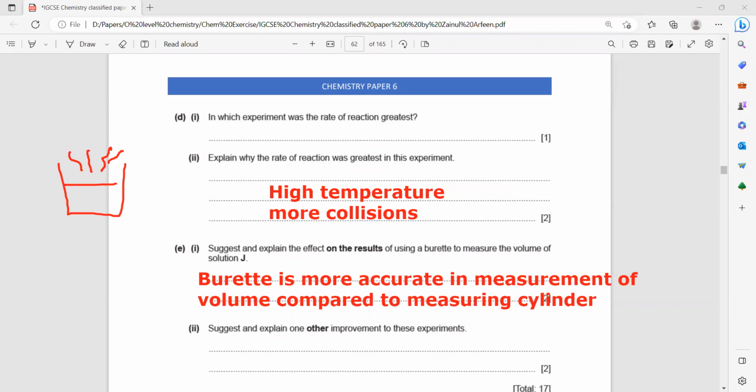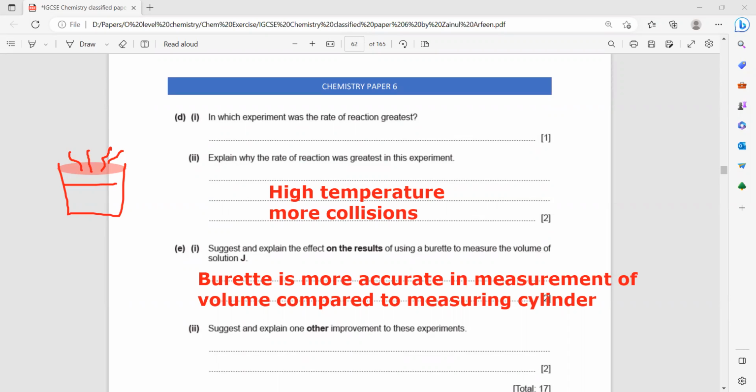If we want to prevent the mixture from losing energy to the surroundings, what can we use? Insulation. We can put a lid on. We can use a container with insulation, or lag it, using lagging or insulation.